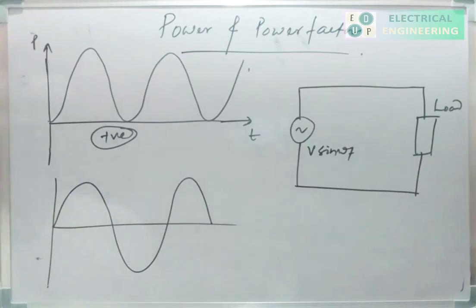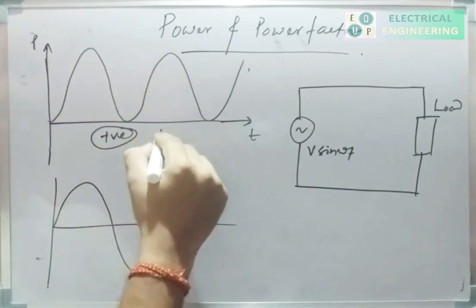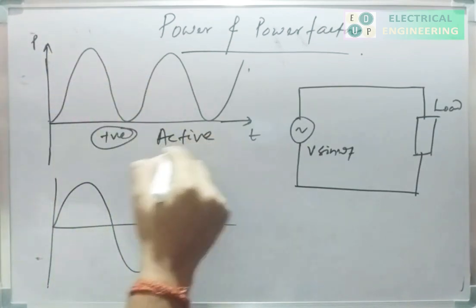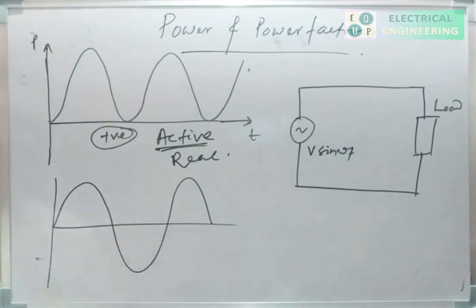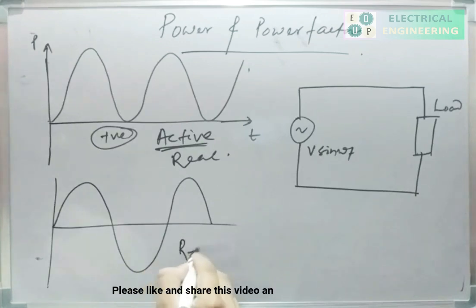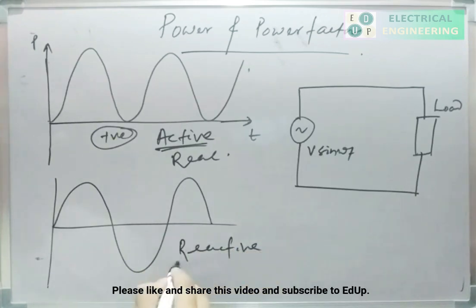So reactive power in physical form doesn't exist, and we use active power only. So this power is called active power or real power, and in this case it is called reactive power or imaginary power.